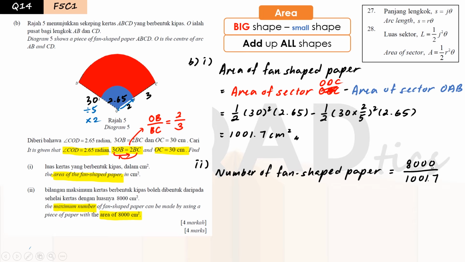So we just divide these two values to find the number of fan-shaped papers. It will be this value.